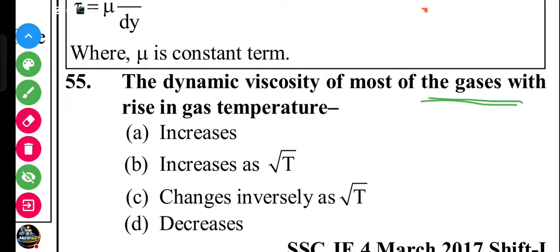For gases, the cause of viscosity is due to intermolecular collision, or randomness of the molecules of gases. So if we increase the temperature, the molecular collision increases, so the dynamic viscosity increases.